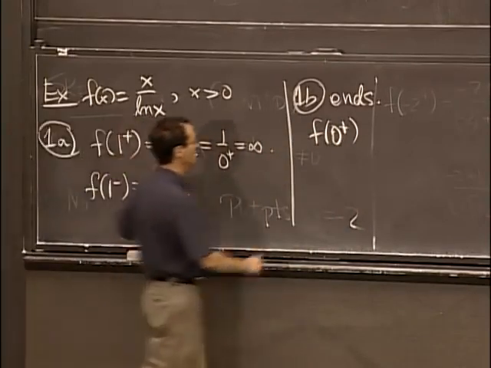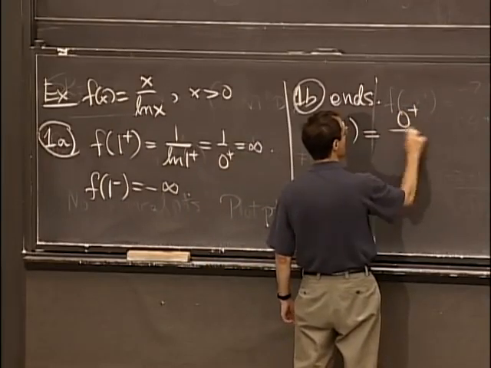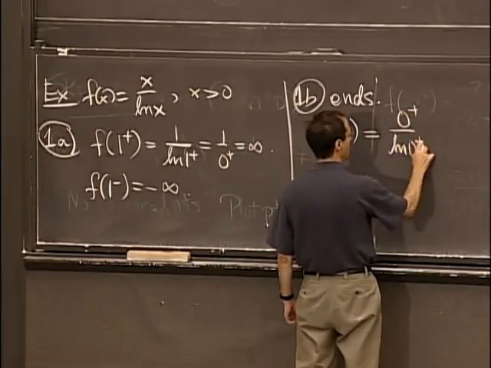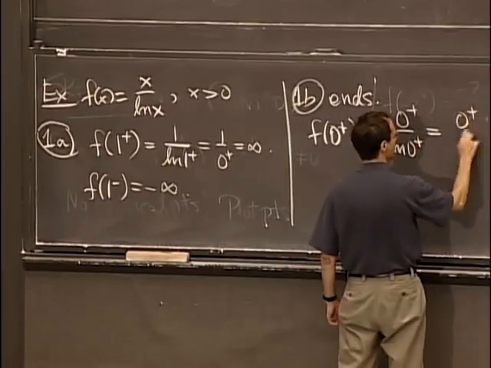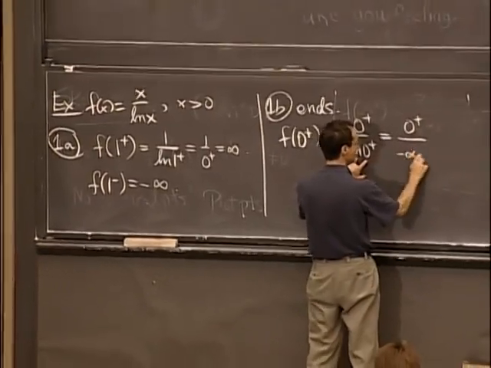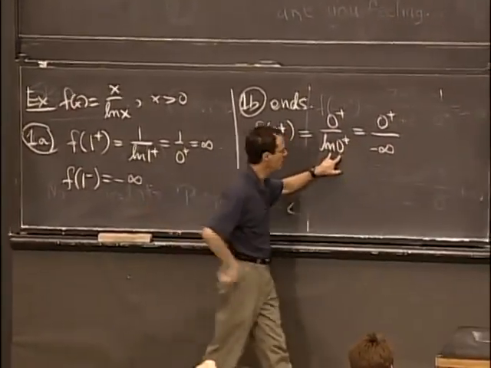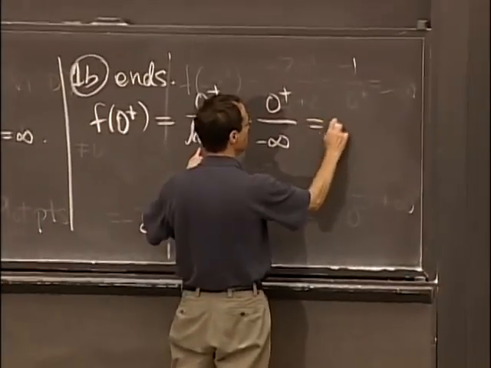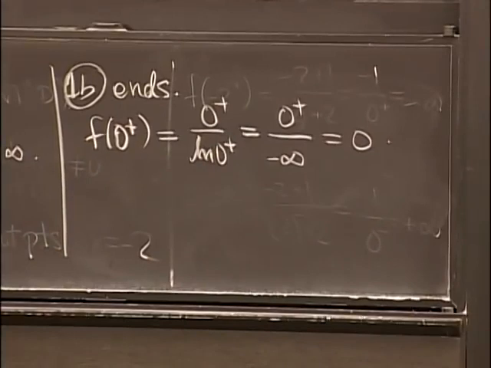So that is 0 plus divided by log 0 plus, which is 0 plus divided by, well, log of 0 plus is actually minus infinity. That's what happens to the logarithm. It goes to minus infinity. So this is 0 over infinity, which is definitely 0. There's no problem about what happens to this.